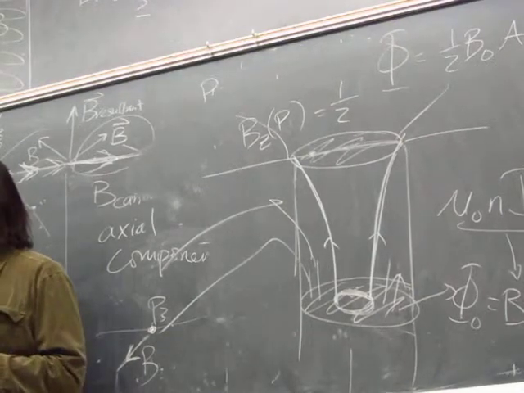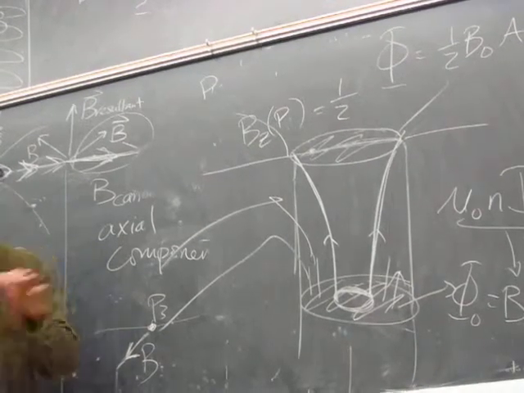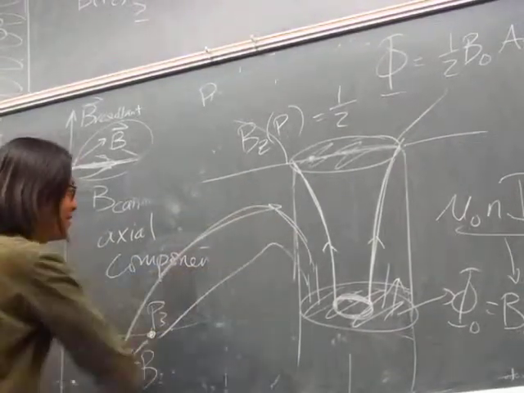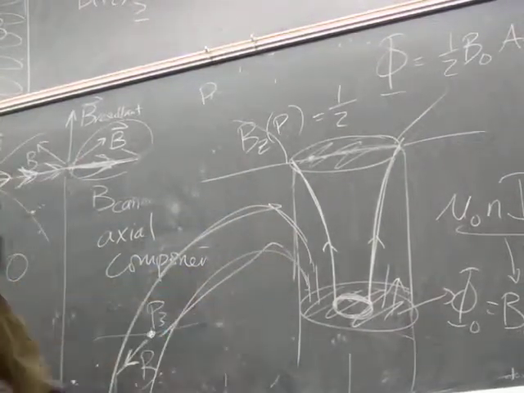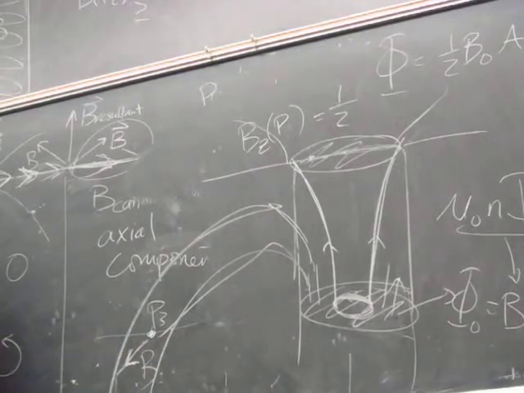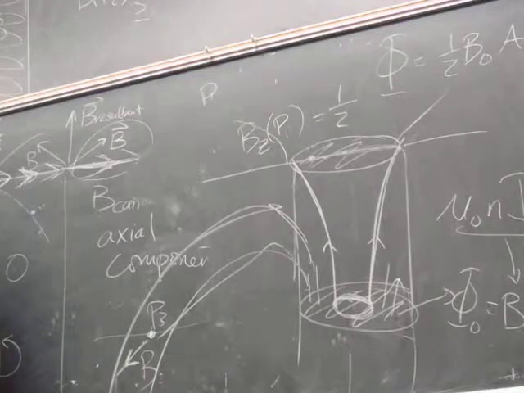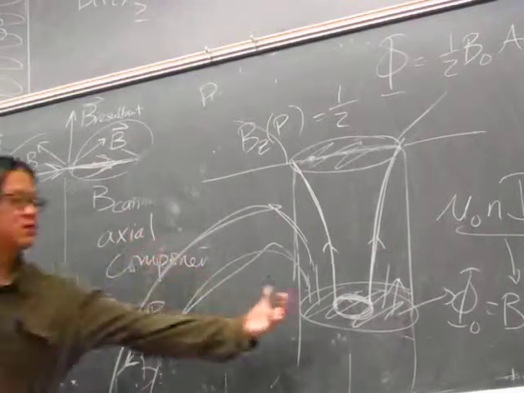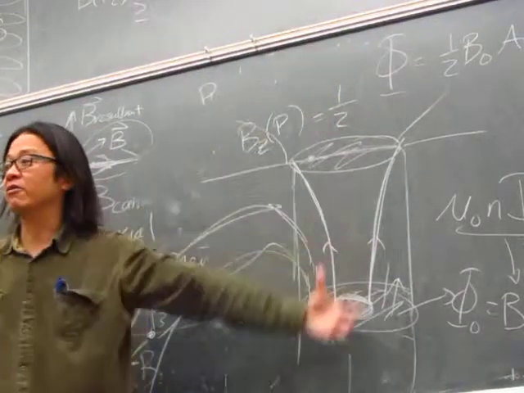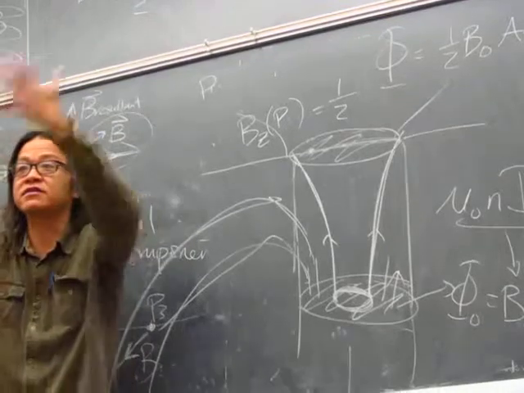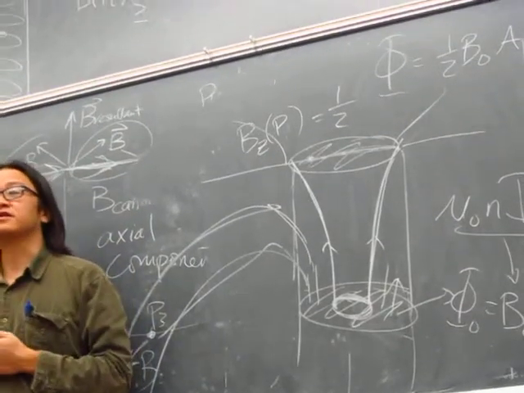Does it leak out in a straight line also? No, it's all over the place. It's semi-infinite, so I don't care about it, and somehow it connects at infinity. B field never ends. B field always loops, and it's always possible to construct a tube around it. If you follow the field line, you can always construct a tube, and it's always conserved.